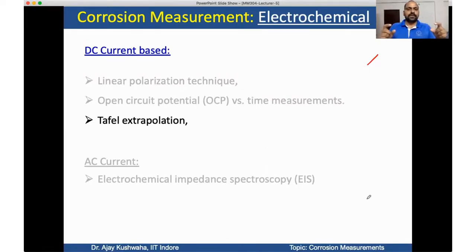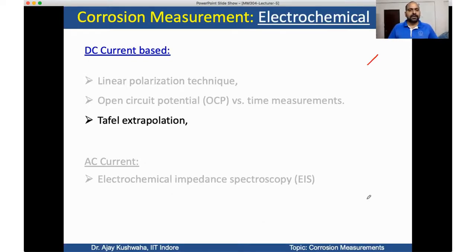The first one is based on the application of DC currents, where we apply a DC current and measure a voltage. The second one is where we apply an AC current and then measure the voltage.